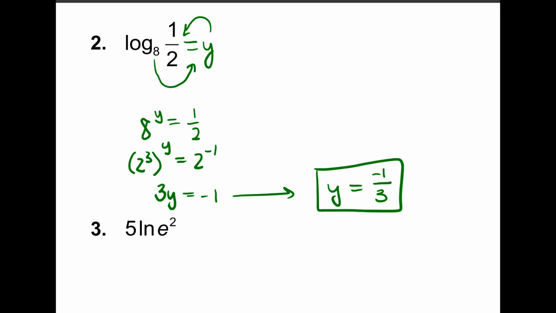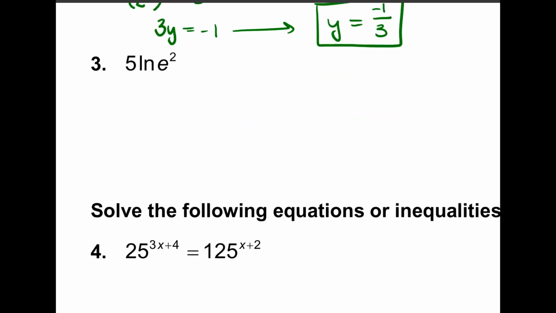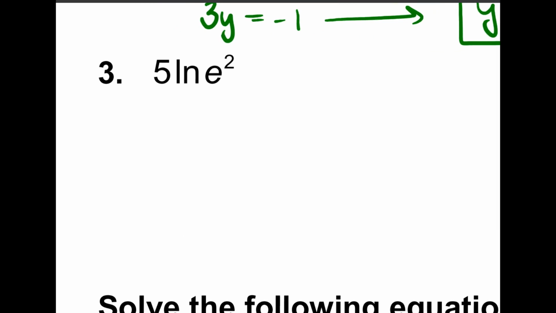Let's go to the next one. 5 times ln of e squared. Any takers? I'm not really good with that. So actually let's use the power property of logarithms.